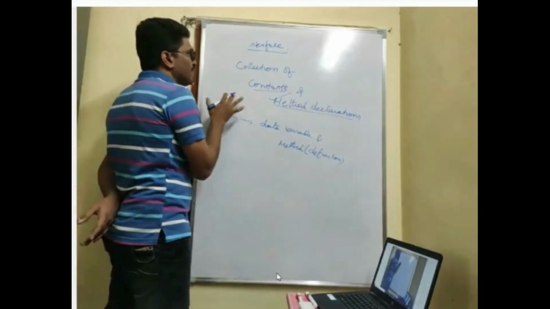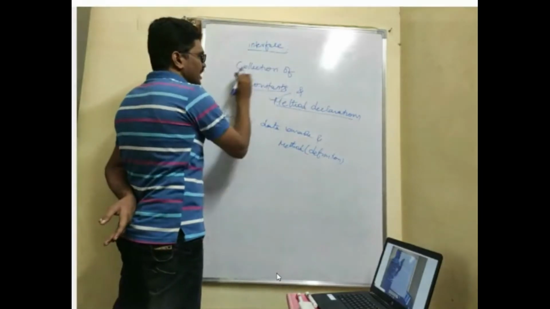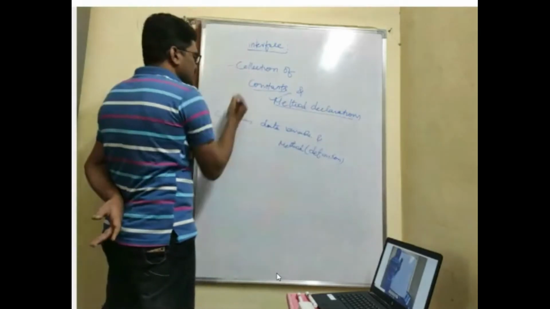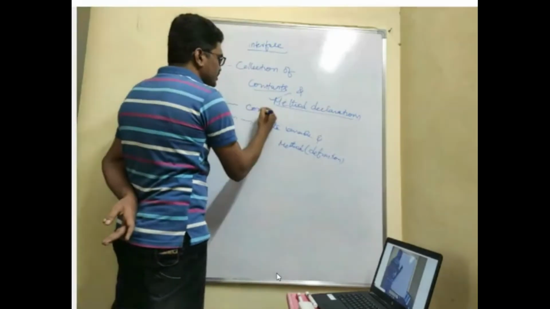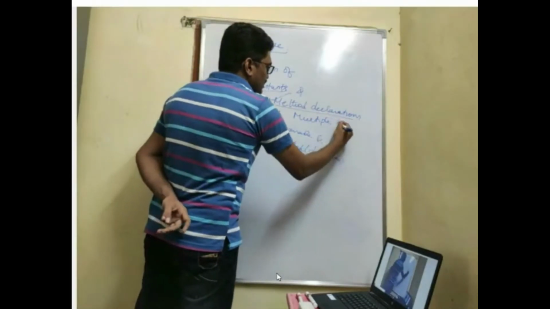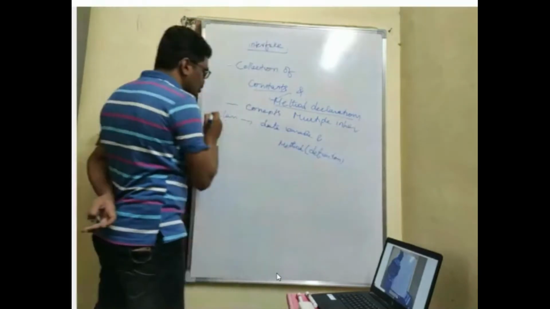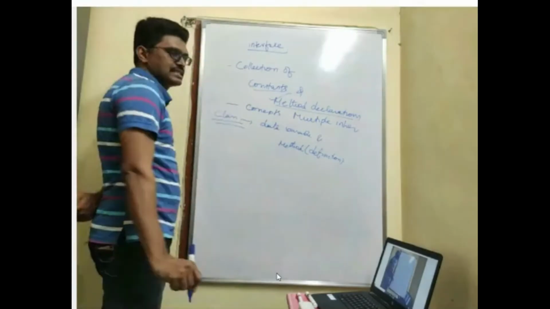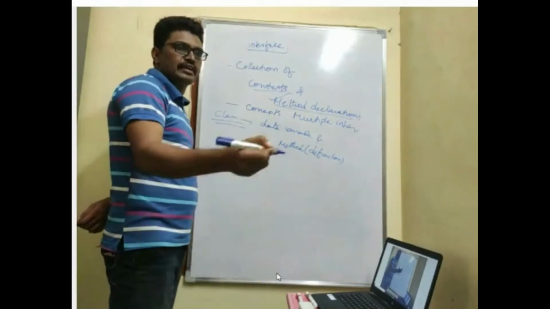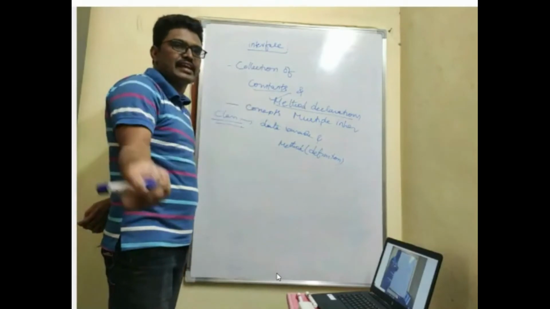The thing that you have to remember is interface is a collection of constants and method declarations. This is the concept which enables you to implement multiple inheritance in Java. Multiple inheritance we were not able to do by using the concept of class, because class B extends A, or class C extends A comma B, was not possible.